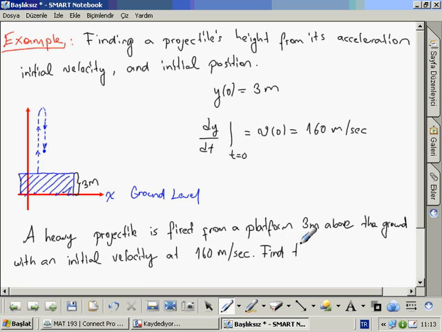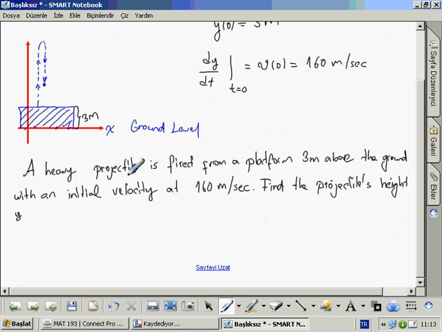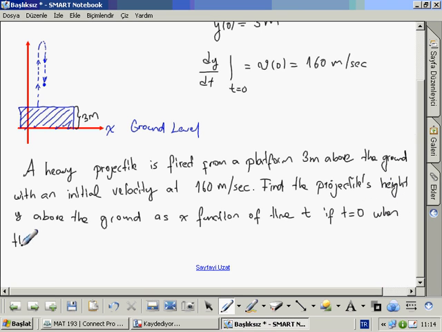Find the projectile's height y above the ground as a function of time t, if t equals 0 when the projectile is fired, three seconds later.